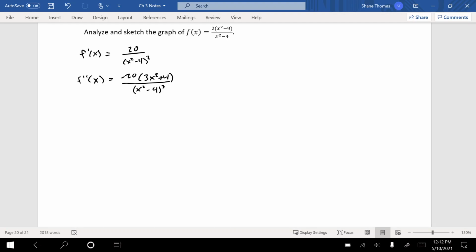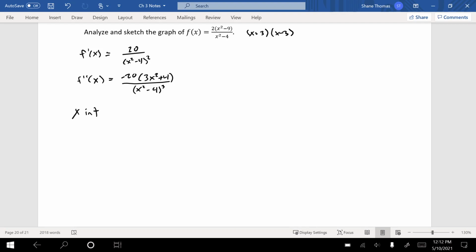Now, from there, let's look at our x-intercepts. X-intercepts, take the original one, set it equal to 0, and solve, right? So the first one, you would simplify x squared minus 9. You'd have 2 on top, and a difference of two squares, so this will be x plus 3, x minus 3 on top, correct?